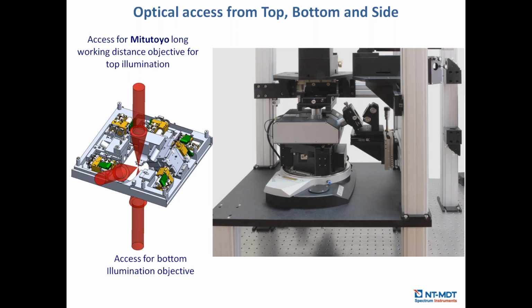So mainly for TERS mapping, a low amplitude tapping mode is used. But in this case, we still lose enhancement. As a compromise, a mixture of such techniques, there is a hybrid mode.